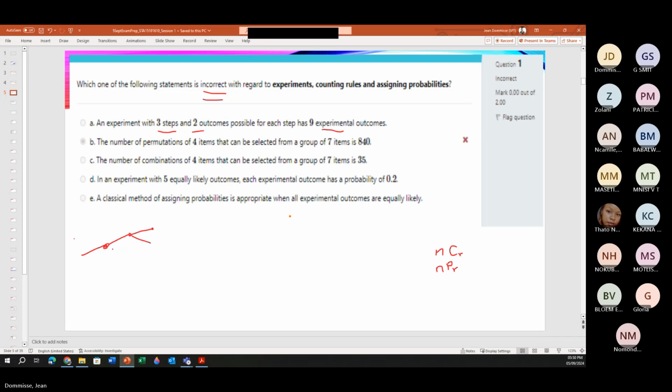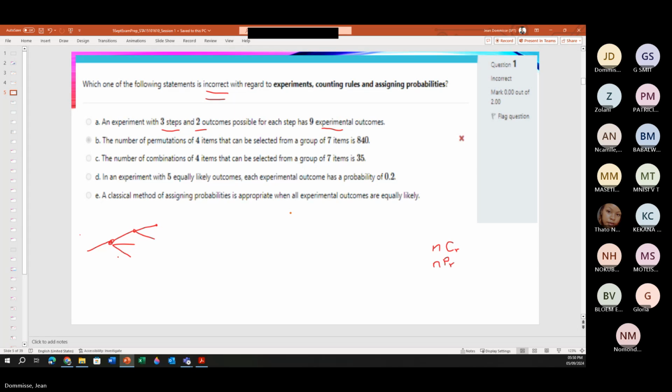So let's just make sure that we are now doing this correctly. Did I miss a step? That's one step.